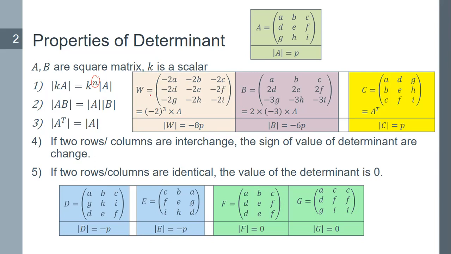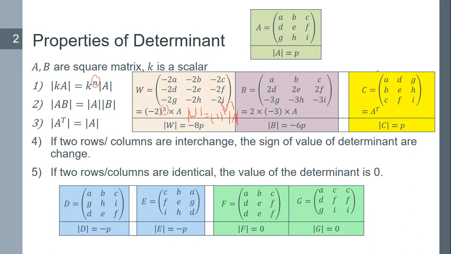When we factor out the -2 from each element, since the size is 3 by 3, we have the power of 3 with scalar -2, giving -8. The determinant of A is P, so the determinant of W is (-2) to the power of 3 times the determinant of A.